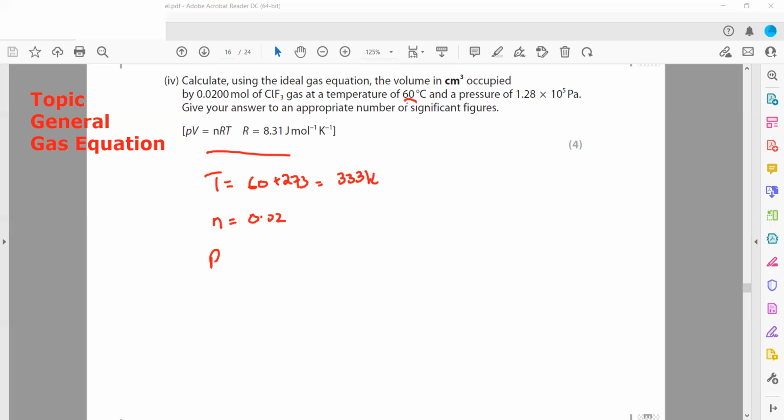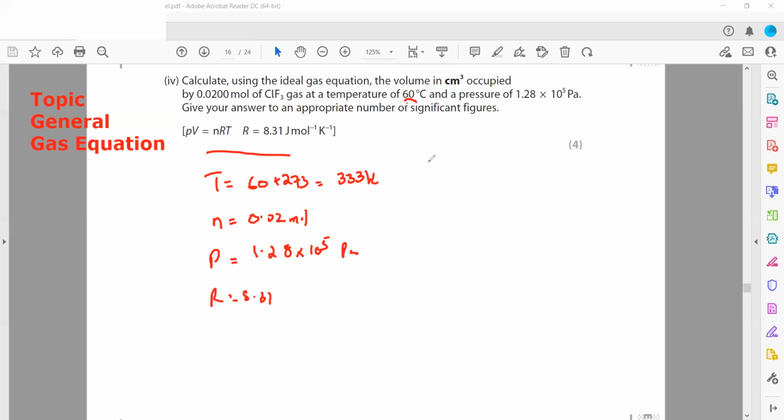P is the pressure, given in the question as 1.28 times 10 to the power 5 Pascal. V we are finding, and the value of R is given as 8.31.